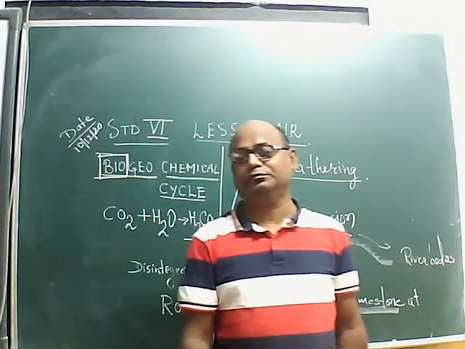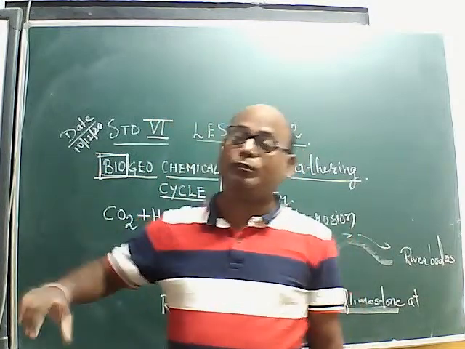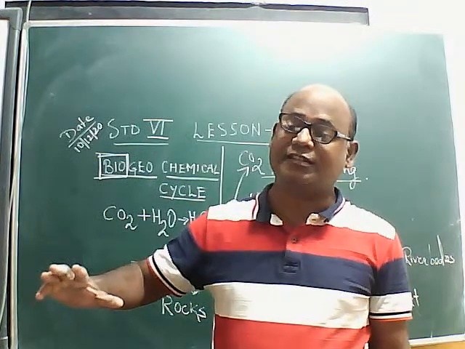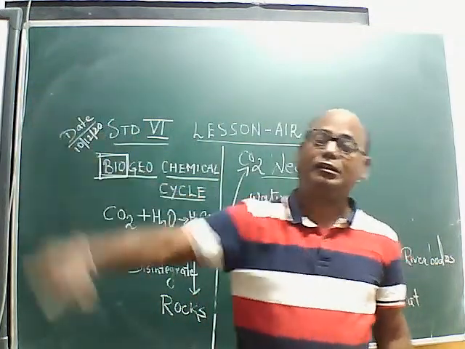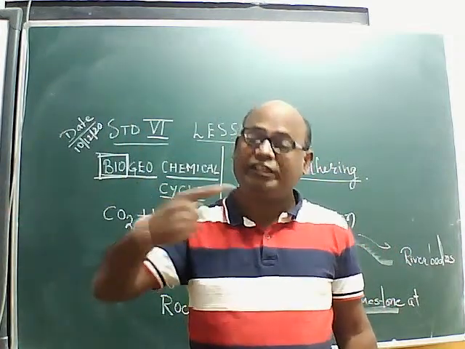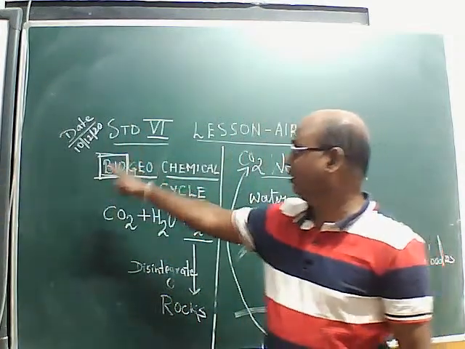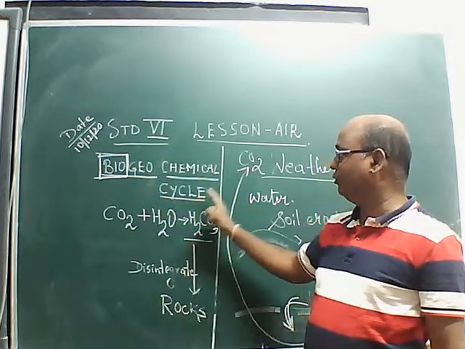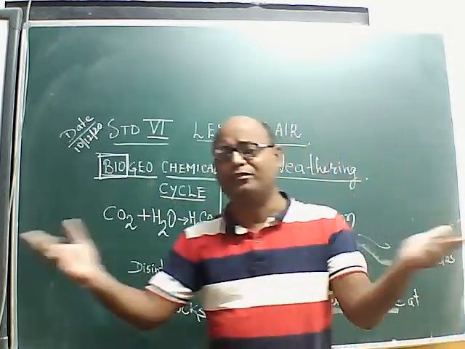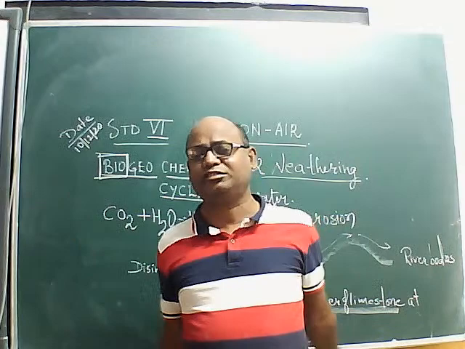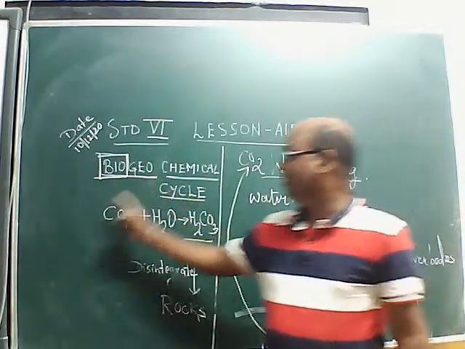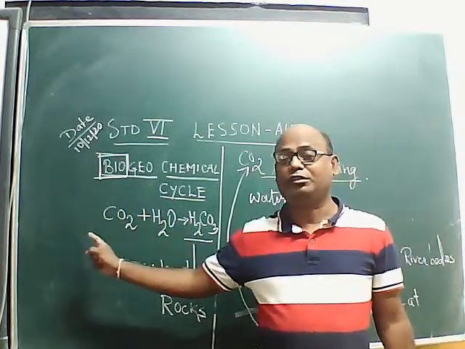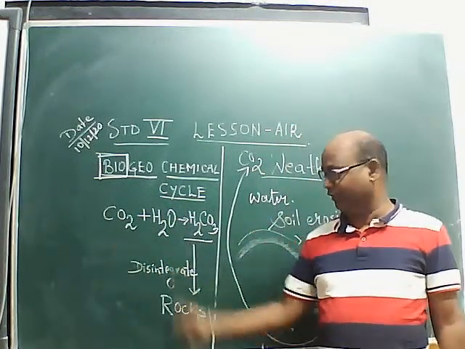This is the reason, and this is how by the process of photosynthesis, from plants to the animals, the entire carbon dioxide gets circulated, gets transferred in the living world. The non-living world, I have already told you now. One of the ways, there are many ways by which it gets transferred in the non-living world, but one of the ways is this reaction of water with carbon dioxide to form carbonic acid.